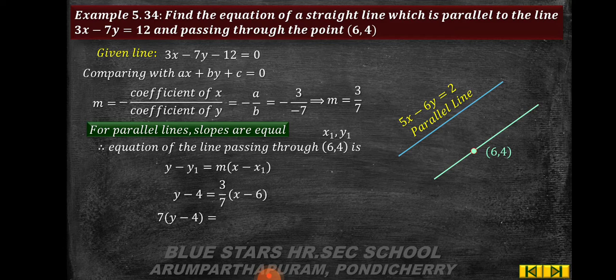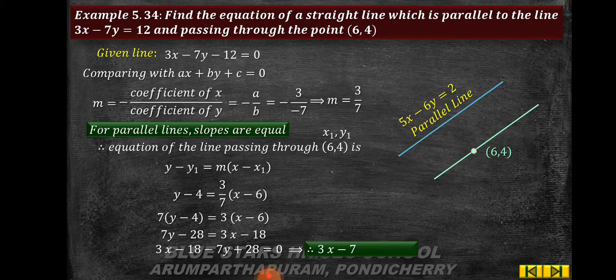So 7 times y minus 4 is equal to 3 times x minus 6. 7y minus 7 4s are 28, which is equal to 3x minus 6 3s are 18. So 3x minus 18 minus 7y plus 28 is equal to 0, which implies 3x minus 7y plus 28 minus 18, that is plus 10, is equal to 0. Therefore, this is the equation of the straight line.